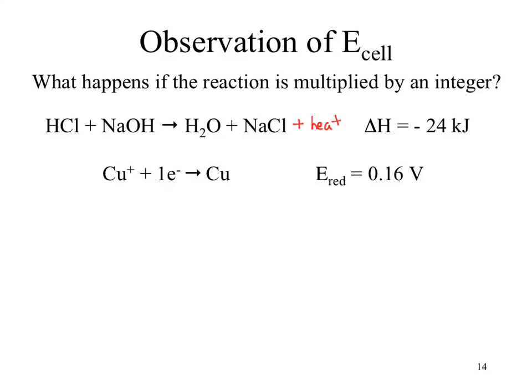If we double this reaction, we run it twice, do we get more heat? Yeah. We end up breaking and making more bonds, we generate more heat. If we look at a cell potential, what happens when we double it? If I multiply the coefficients, 2, 2, and 2, the cell potential doesn't change.